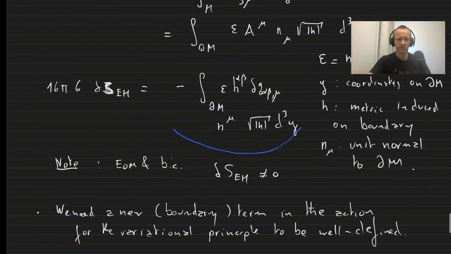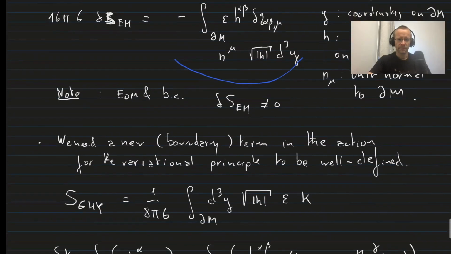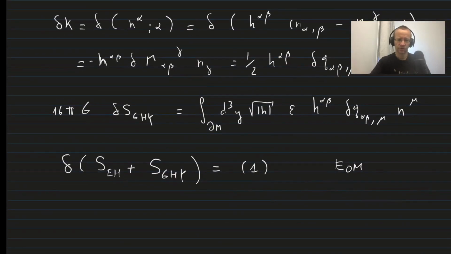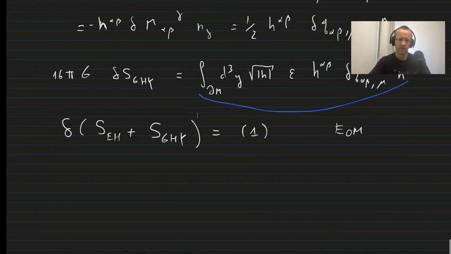We found a boundary term. And then we should also vary the Gibbons-Hawking-York term, and we found this variation. And the point is that these two extra variations now cancel.